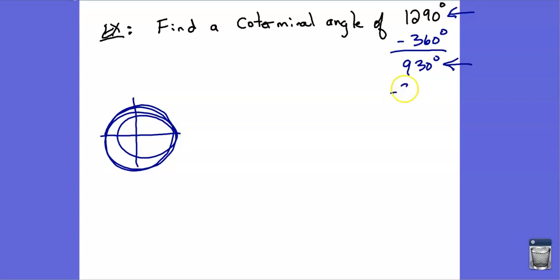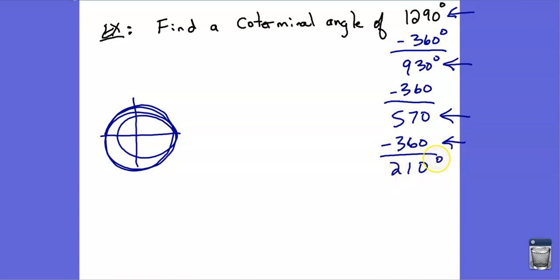And if I subtract 360, 360 again, and subtract 360 again, this 570 minus 360. So all of these, I can keep subtracting 360 because 360 degrees is the exact same thing as one complete revolution around the circle. And I can keep subtracting 360.